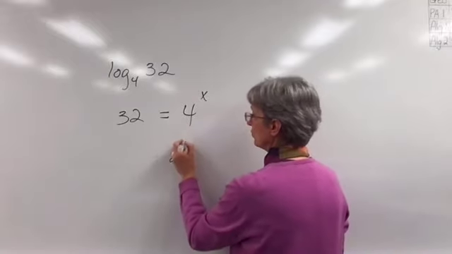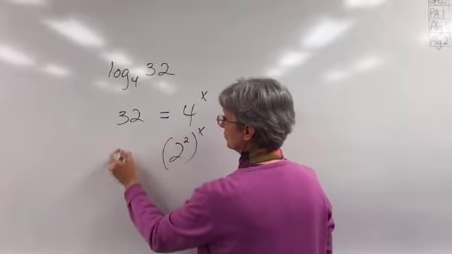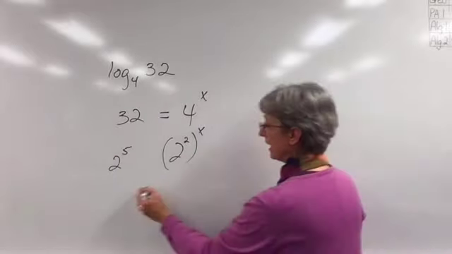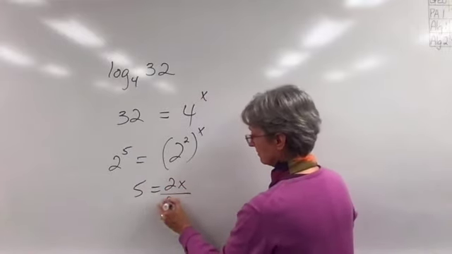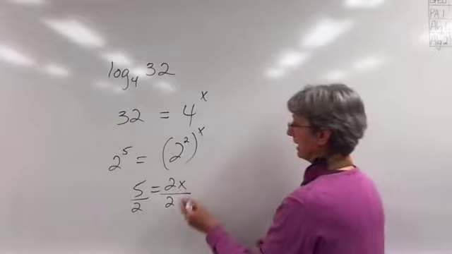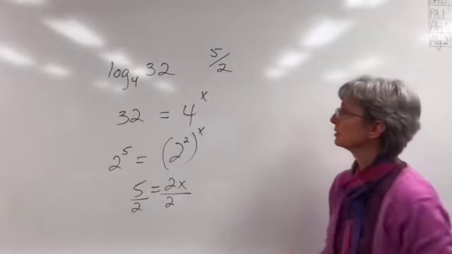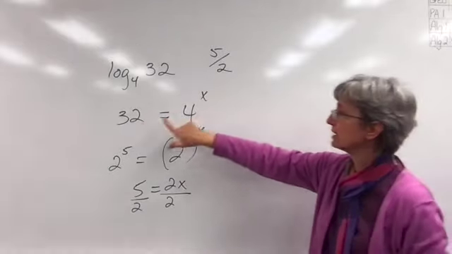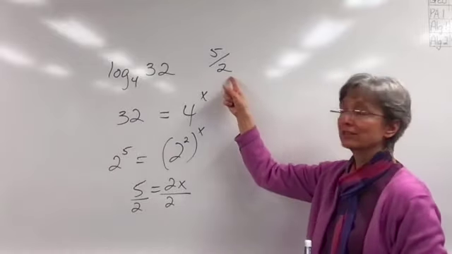So 4 is 2 squared, to the power of x, and 32 is 2 to the power of 5: 2, 4, 8, 16, 32. So now 5 has to equal 2x, divide by 2, and I get x equals 5 over 2. That makes sense. The square root of 4 raised to the power of 5, sure enough, would be 32. So our answer is 5 over 2.